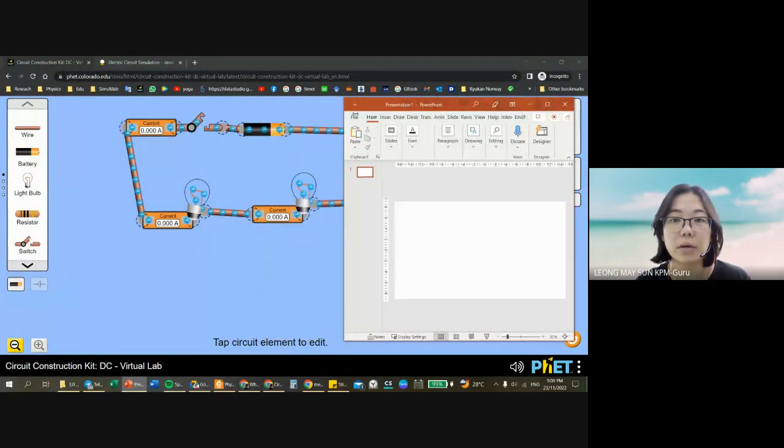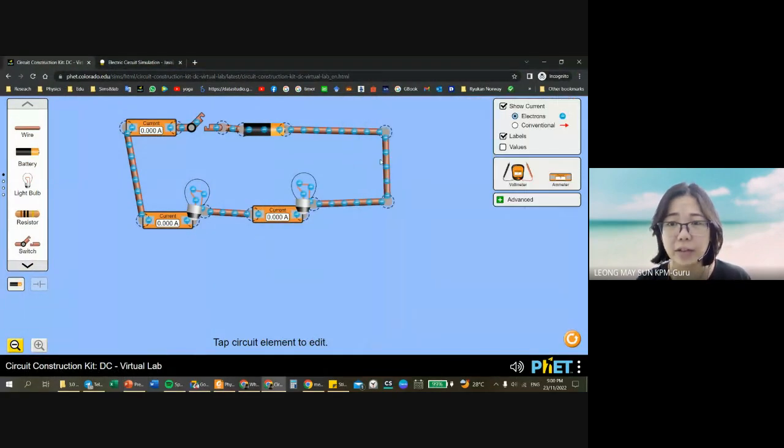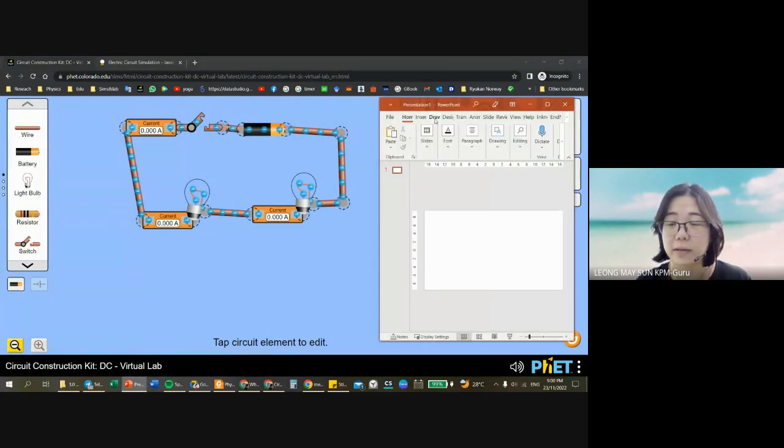Okay, so what I have over here is a circuit connected like this. I have the power supply connected to a switch, and then I connect it to a light bulb and another light bulb.